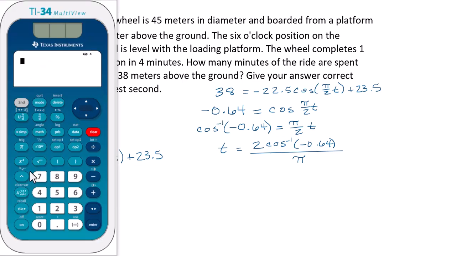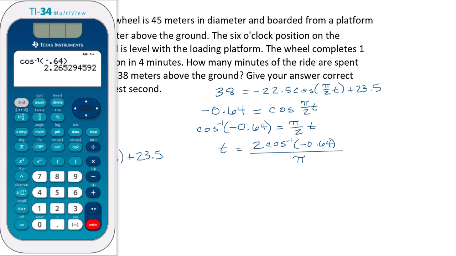And putting this into the calculator, I have the inverse cosine. Go down to inverse cosine in the trig menu. Inverse cosine of negative 0.64. And there we are at 2.27 radians.